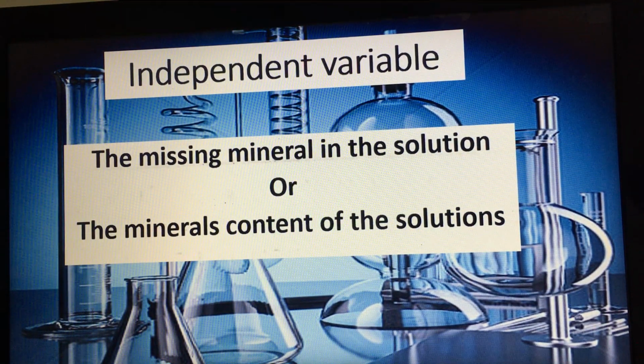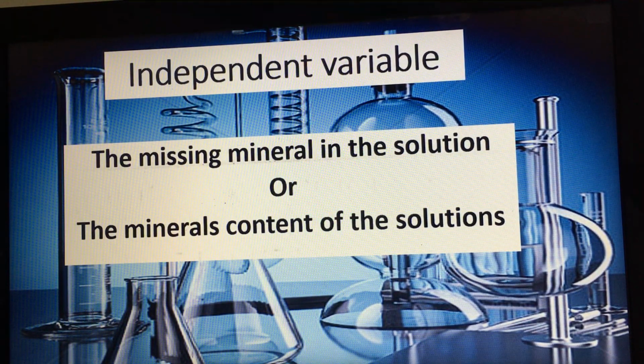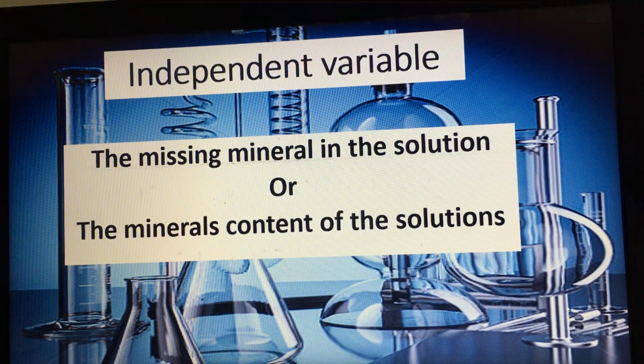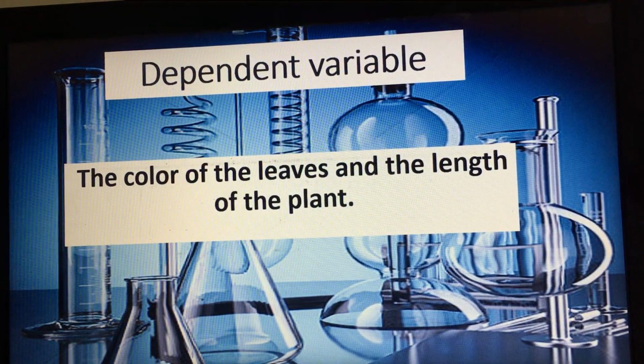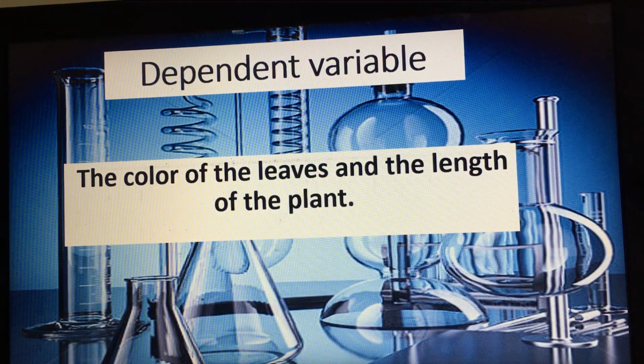As we said, in beaker A, the solution has all the nutrients that plants need, in beaker B the solution is missing magnesium, and in beaker C the solution is missing nitrogen. So the independent variable here is the mineral content of the solutions. What about the dependent variable? The result of the test.